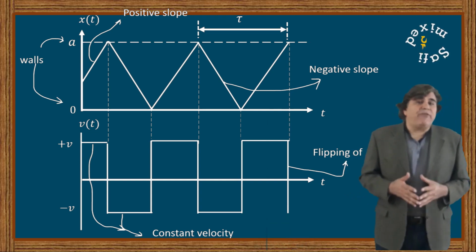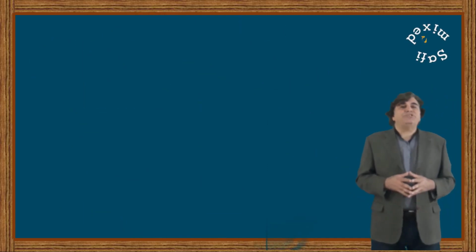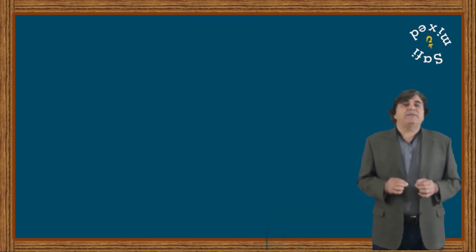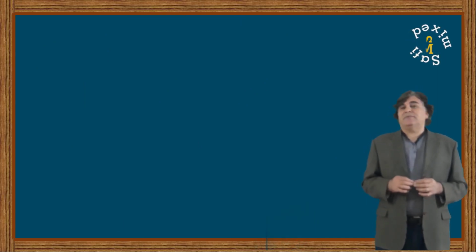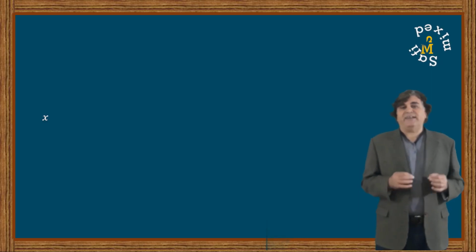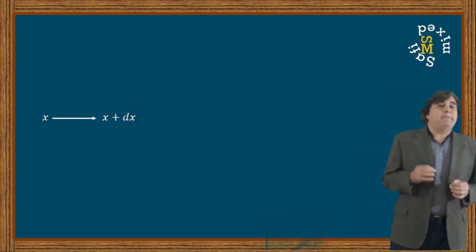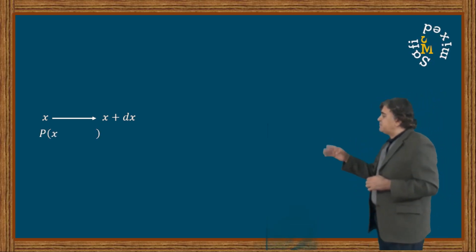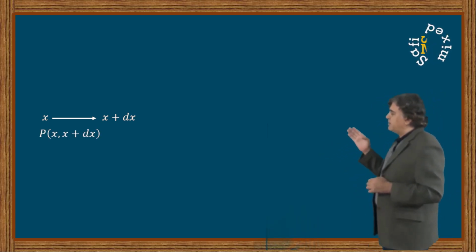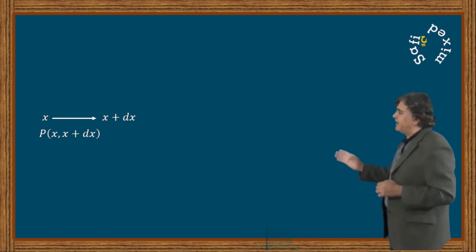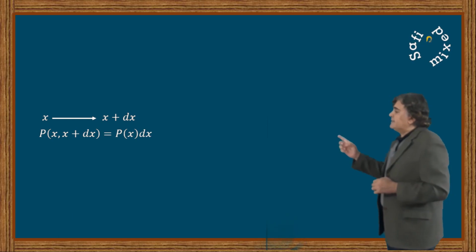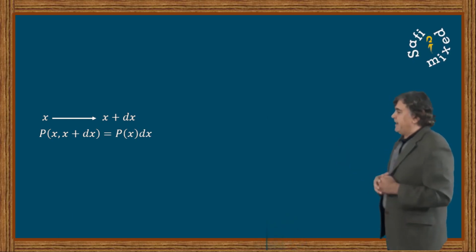We can also find the average value of position of the particle. To this end, we find the probability of finding the particle between position x and x plus dx, which by definition is given by the probability P(x) dx, that is, the probability of finding the particle between x and x plus dx equals P(x) multiplied with dx.